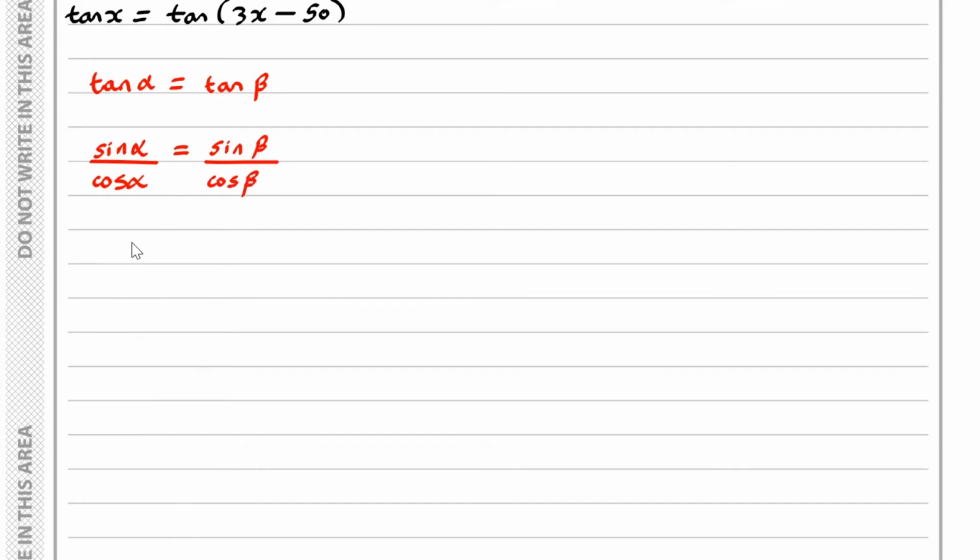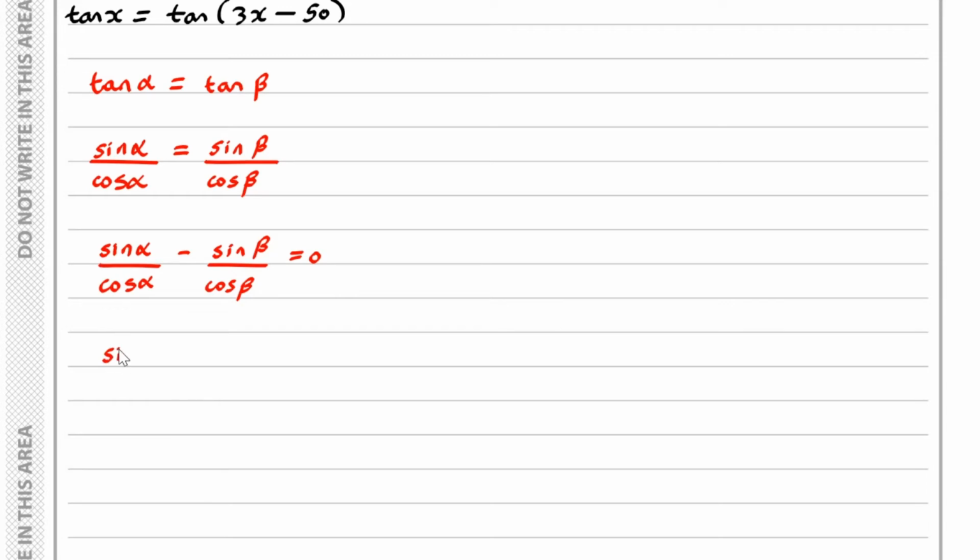And if I take everything over to one side, we have sine alpha over cos alpha minus sine beta over cos beta, and this is equal to 0, and we can combine these.